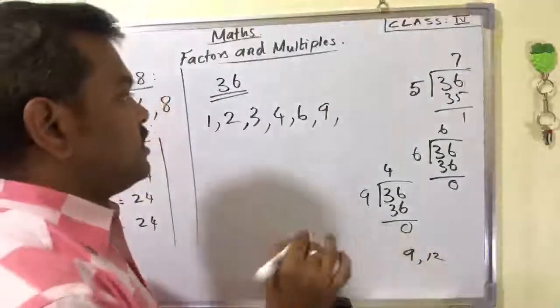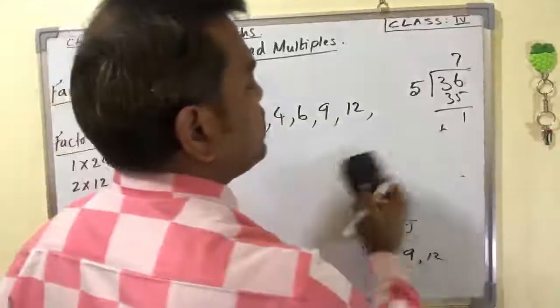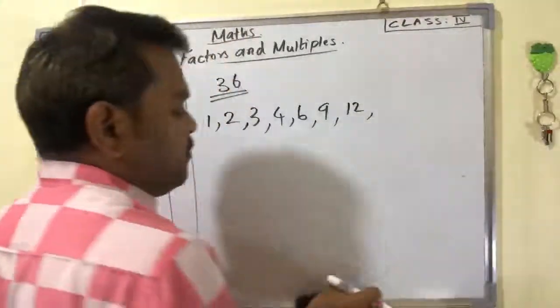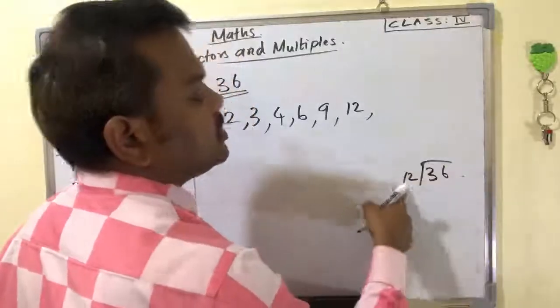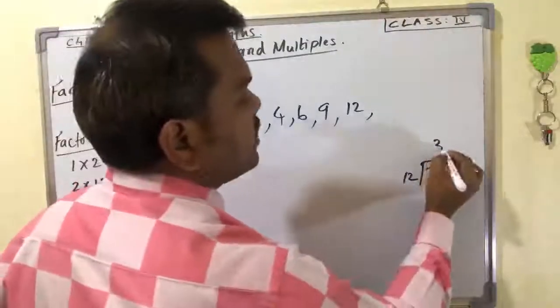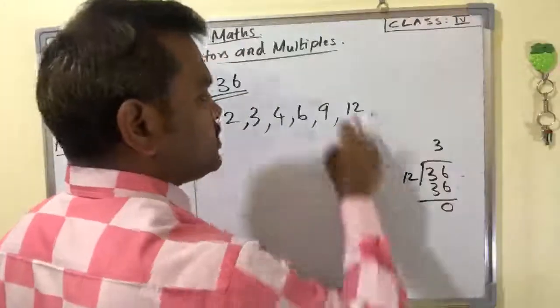Then not 10, not 11. 12 is a factor. After 12, look, 36 by 12. 1 12 is 12, 2 12s are 24, 3 12s are 36, balance 0. So 12 is also a factor.